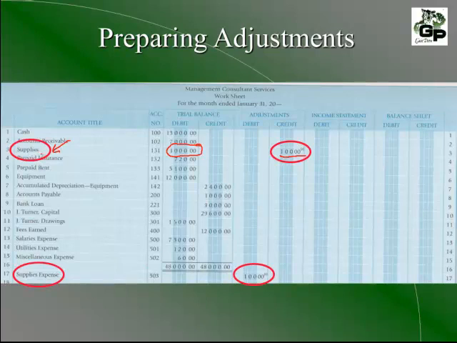Now that is the supplies account. We have to create a new account called supplies expense because it wasn't here before. So we write that at the bottom in the first available spot, and we mark that under the debit column of the adjustments, $100.